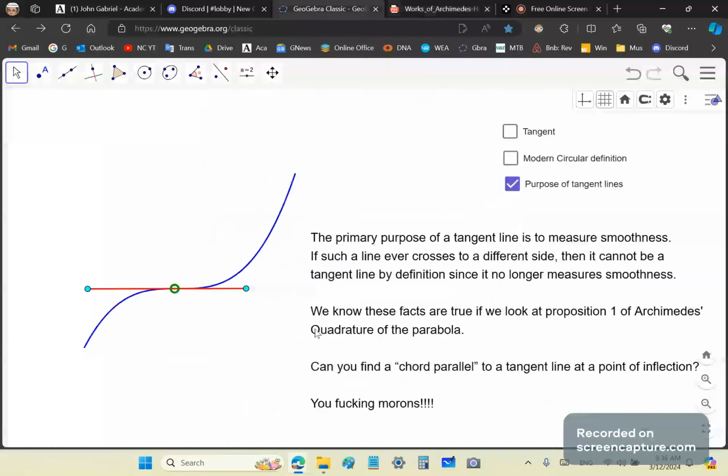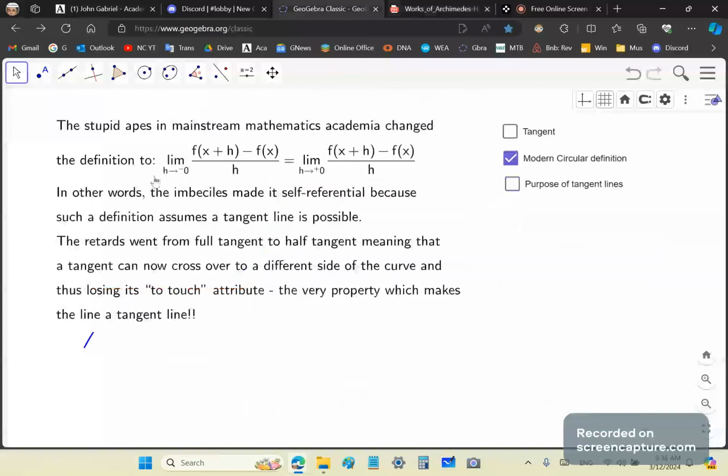What did mainstream do? The last 200 years did this. This is caca here. Why is it caca? Caca means shit. It's caca because they made it self-referential, since such a definition assumes a tangent line is possible.